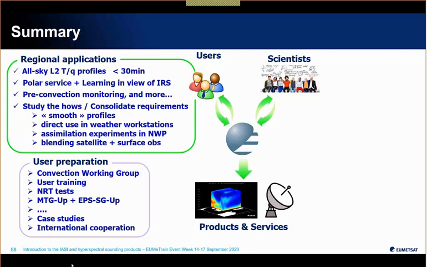There are user programs, namely called MTG-UP and EPS-SG-UP, that my colleagues of user service divisions are organizing. And there will be a series of webinars mid-October. If you're interested, we can get the information to you. And we are conducting a number of case studies with users and fostering international cooperation within Europe, but also in the States, for instance, to keep learning about that.